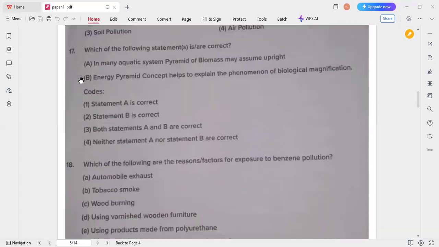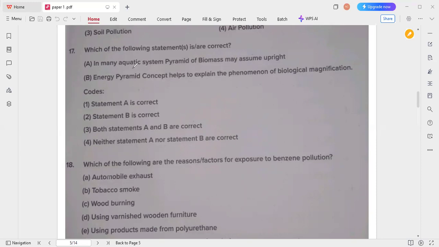So now move on to the next question. Which of the following statements are correct? Statement A, in many aquatic systems, pyramid of biomass may assume upright. And statement B, energy pyramid concept helps to explain the phenomenon of biological magnification.